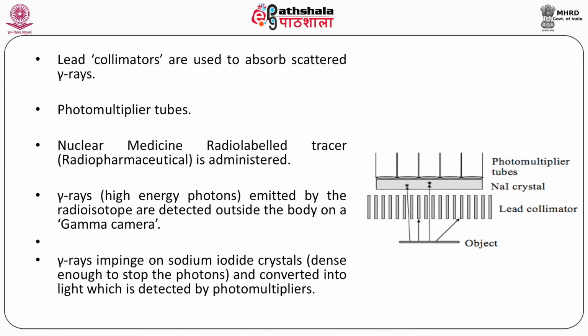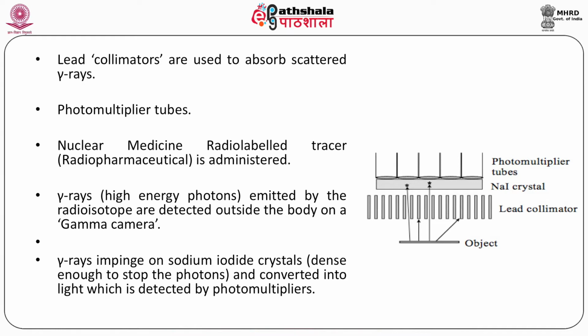This administered radiation dose gives radiation which is passed through the collimator. It hits the PM tube. The gamma rays emitted by the radiotracer are detected outside the body by the gamma camera, and this gamma ray impinges on the sodium iodide crystal, which is dense enough, and this converts it to light which is detected by the photomultiplier tube. What exactly is happening?